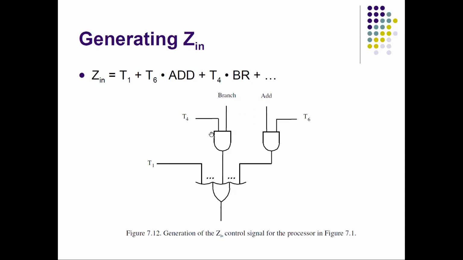So T4 and branch use an AND gate. T6 dot add, so T6 and add use an AND gate. So all these three, T1, T6 dot add, T4 dot branch, are ORed here. This is passed to an OR gate which produces the control signal.